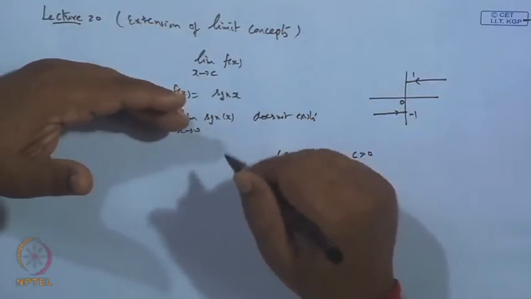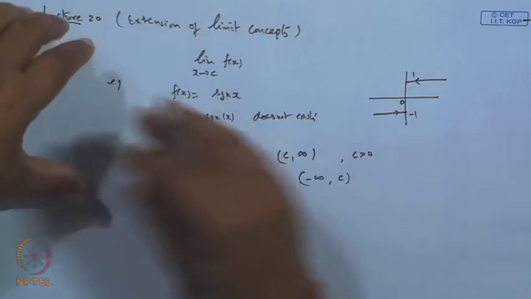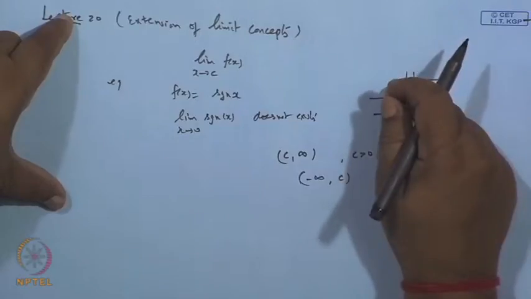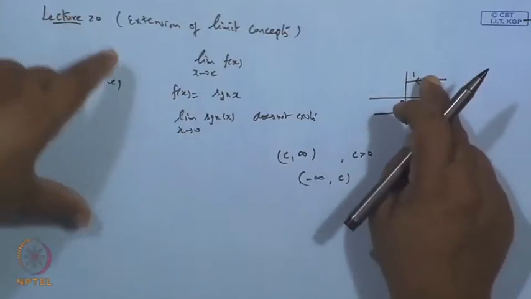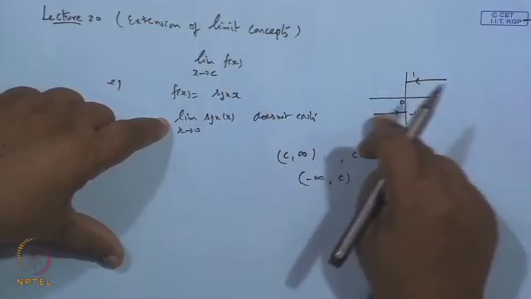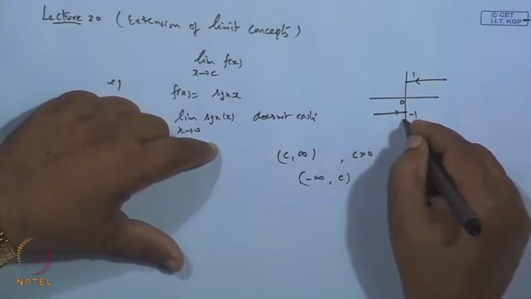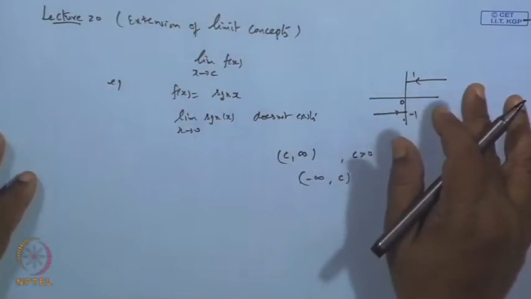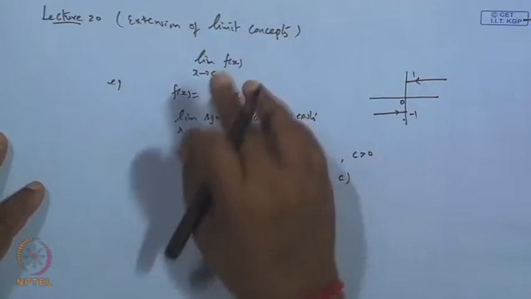Now, in such a case, when you approach the point from the left hand side, it is called the left hand limit, and when you approach the point from the right hand side, it is called the right hand limit. If both the limits coincide, then only we can say the function has a limit in general.